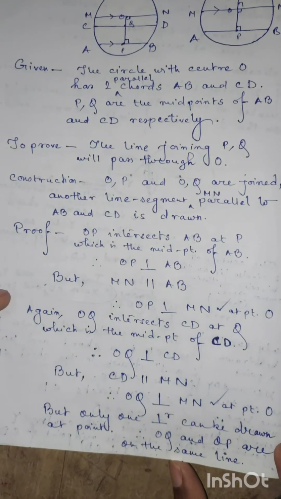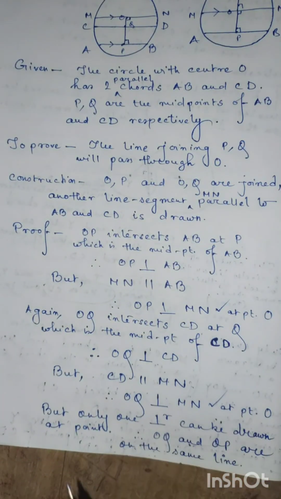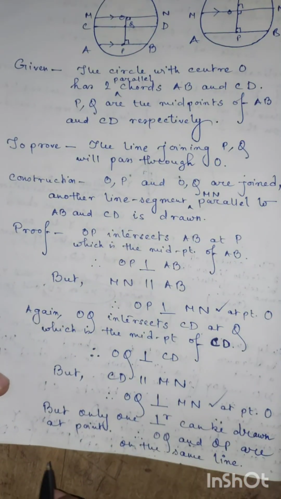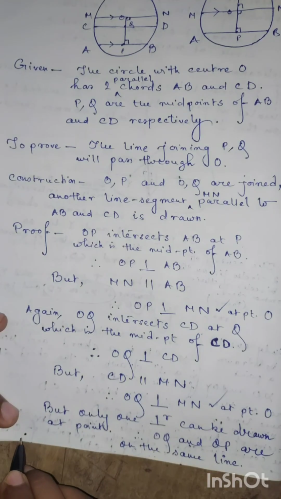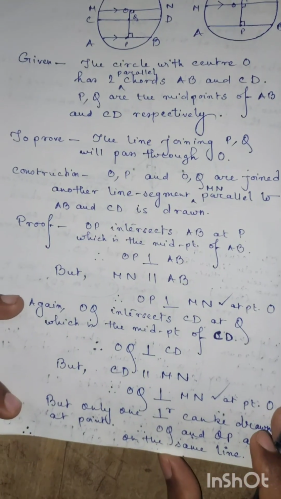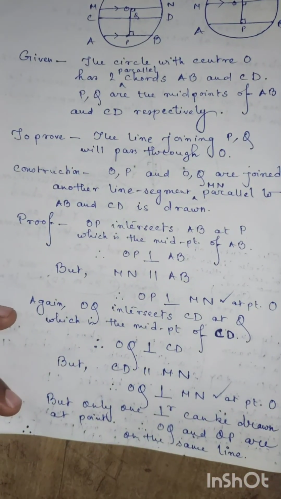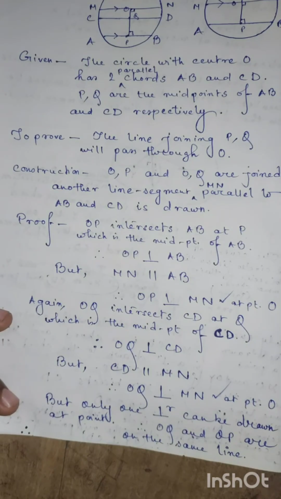Okay, OP and OQ are on the same line. Therefore, we can say PQ passes through the center.